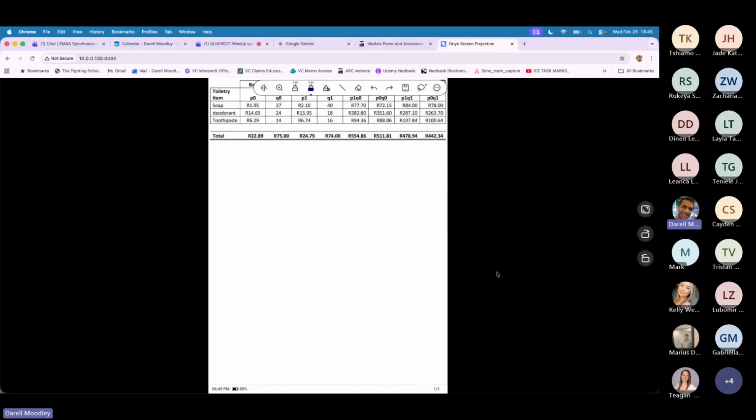Okay, so far, what we did is the Laspeyres price index, and that formula is given to you. So don't worry about memorizing it. That is the sum of P1 times Q0 all over the sum of P0 times Q0, times 100%.